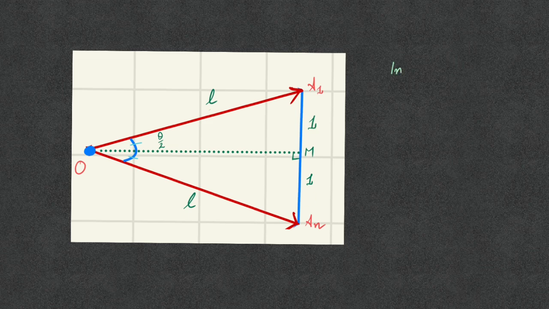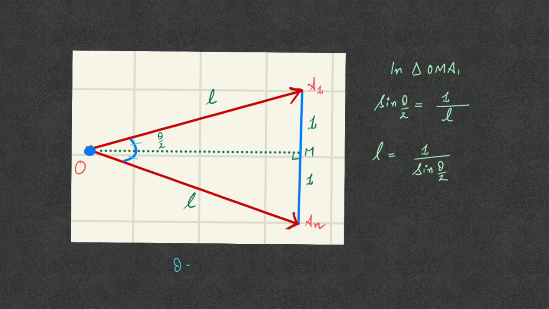Now in triangle OMA1, sine of theta by 2 is equal to 1 upon L, and from here L can be written as 1 upon sine of theta by 2.